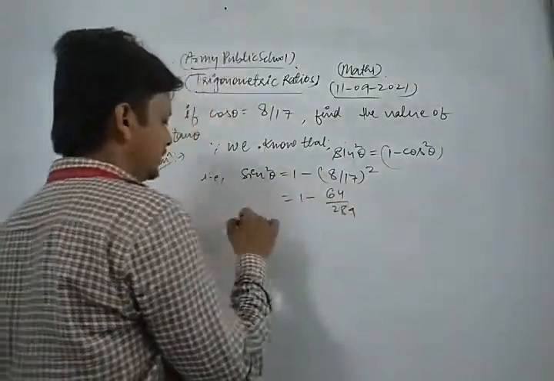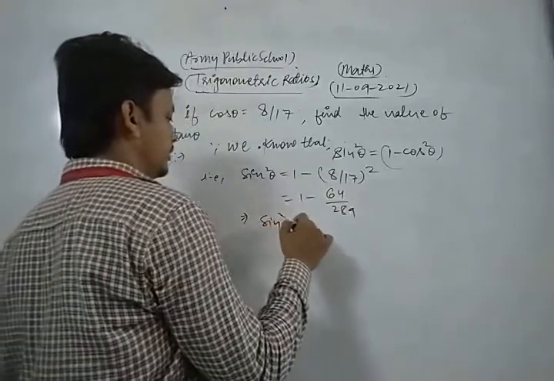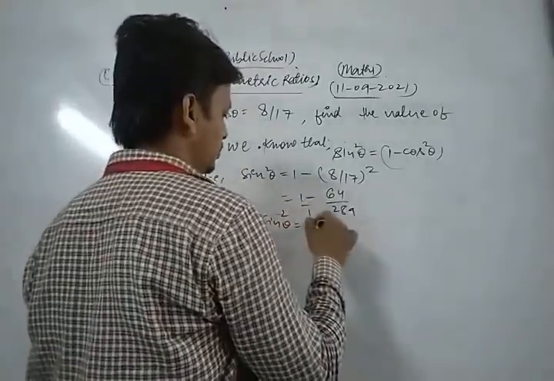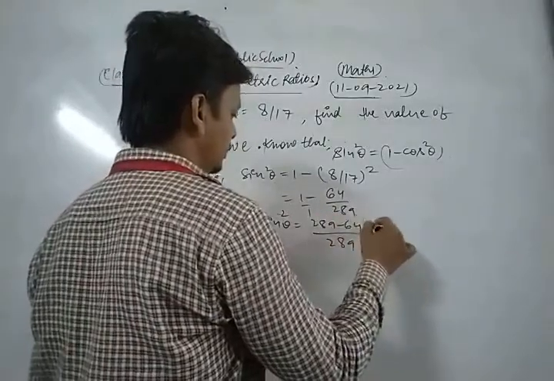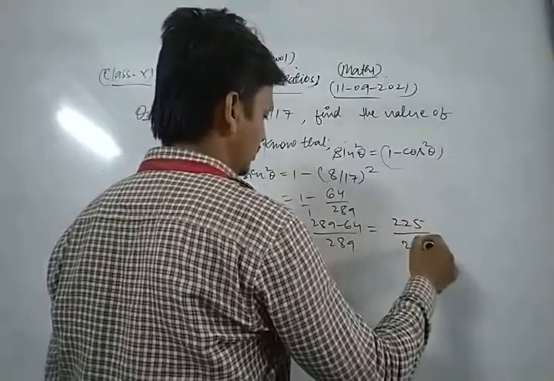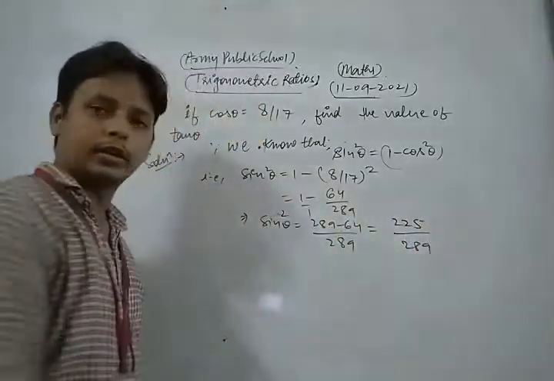So we take the LCM as 289, so sin square theta is equal to 289 minus 64, that is 225 upon 289, okay?